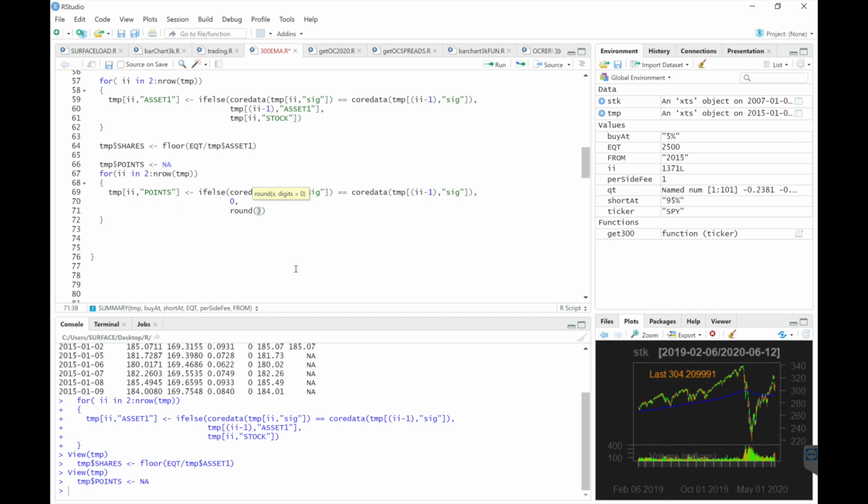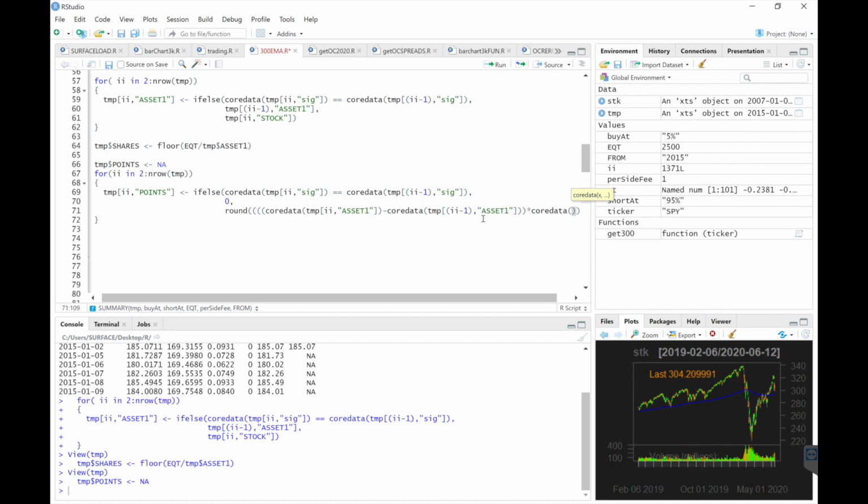We're going to use coredata temp, our iterator, asset 1, minus coredata temp, our iterator minus 1, asset 1. So the current price minus the previous price, and then we're going to have to multiply that by the previous signal. So we'll do multiplied by coredata temp.